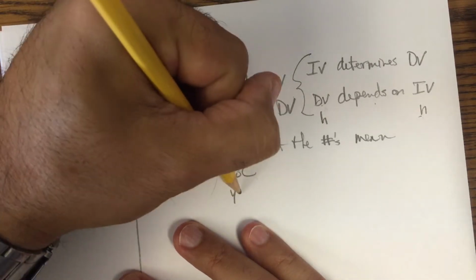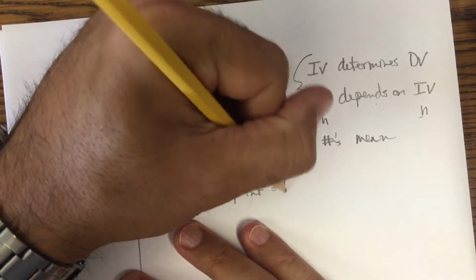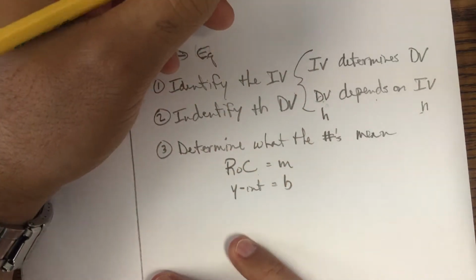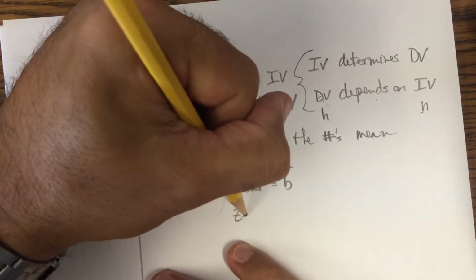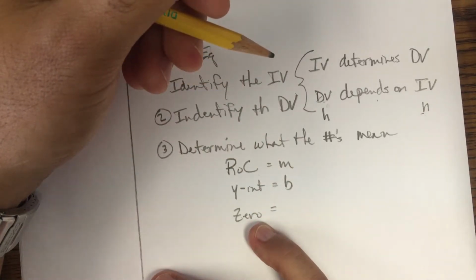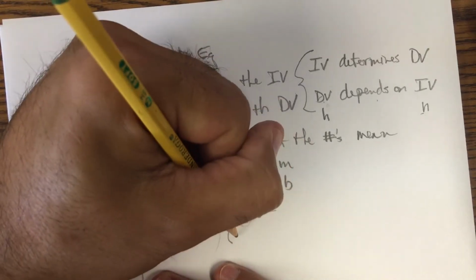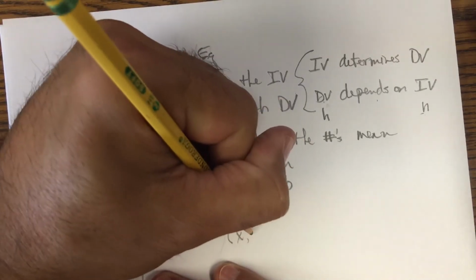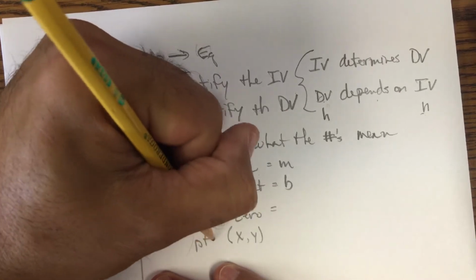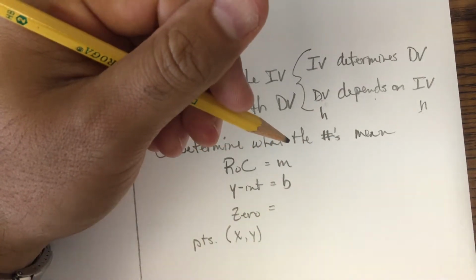It can be the y-intercept. So this would be the m. This would be the b. Sometimes the numbers in the problem, it'll be some kind of 0. It'll represent the x-intercept. And sometimes there'll be numbers in the problem that represent points. It'll represent x, y coordinates. Those are the 4 basic options.